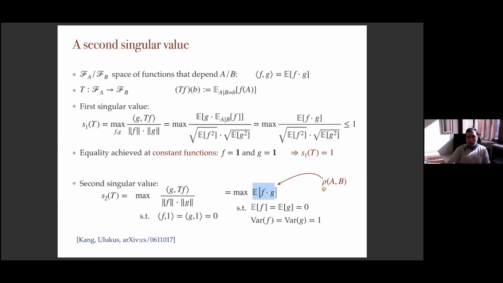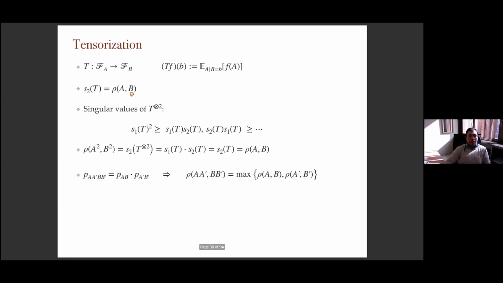So what we learn in this slide is that the maximum correlation between A and B is equal to the second singular value of this operator T. Now, using this characterization of maximal correlation, I can prove other properties of maximal correlation.